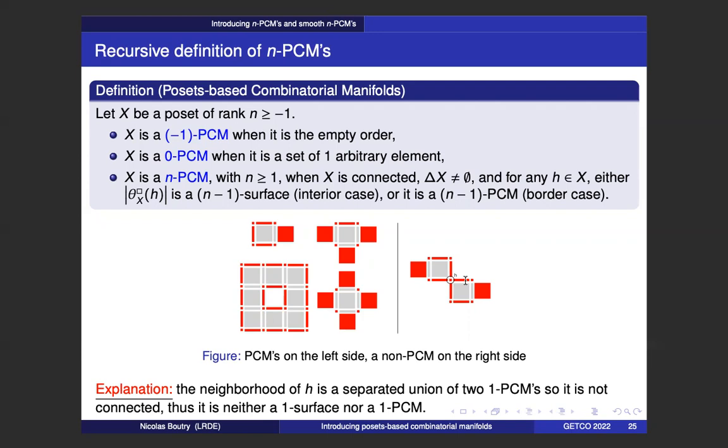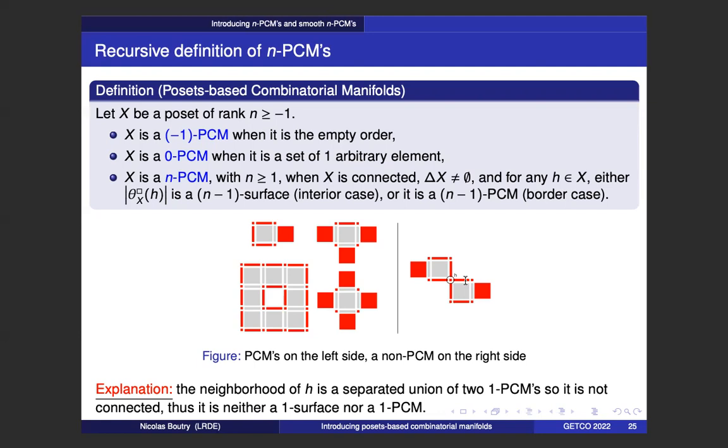The n-PCM is a connected poset where the border is not empty and where for any point of this poset, either you have a neighborhood which is an n-1 PCM and then it belongs to the border, or the n-1 surface and then it belongs to the interior of this poset.